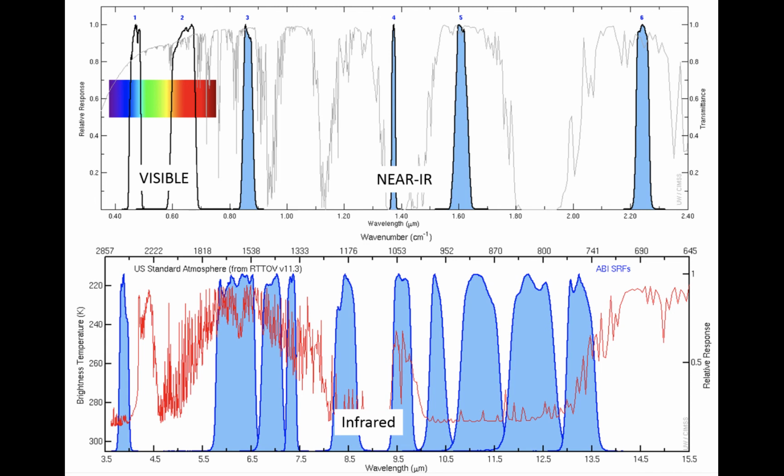The spectral response functions for ABI are plotted here in blue, except for the 2 visible channels in this figure. Shortwave channels 1 through 6 are shown on the top row, and the shortwave infrared channel 7 and exclusively longwave channels 7 through 16 are shown at bottom.